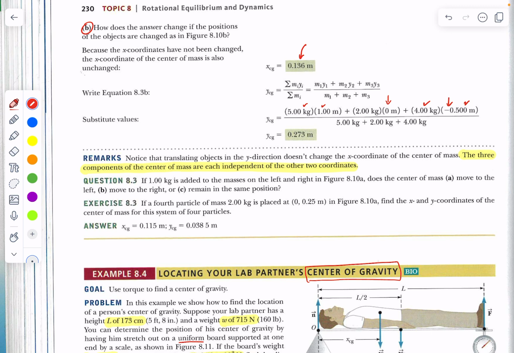Again, we're doing above is positive, down is negative, in case you're a backwards thinking person. And the 2 kilogram mass again is going to be 0. The total mass stays the same. And now we found the coordinate for our y-axis. So here's the coordinate for the x-axis, and here's the coordinate for the y-axis in part B.